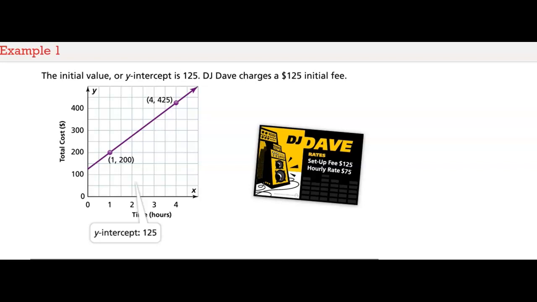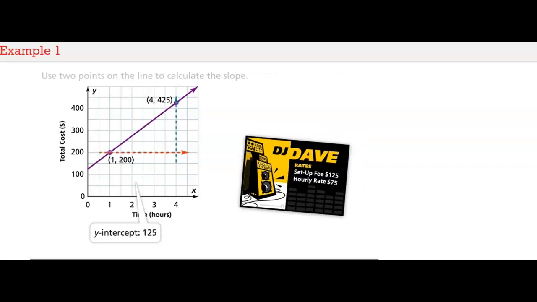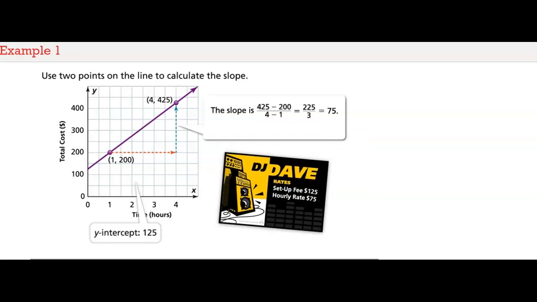DJ Dave charges a $125 initial fee. Now, use 2 points on the line to calculate the slope. The slope is the rise or difference of the y-coordinates divided by the run or difference of the x-coordinates. DJ Dave's hourly rate is $75.